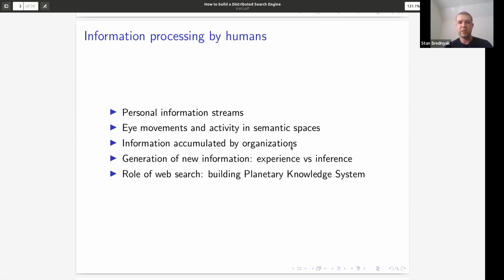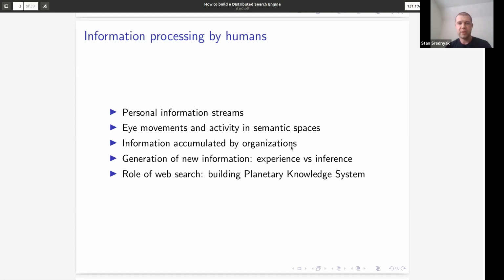Mostly these data streams are texts that the person reads. It could be books, it could be websites, newspapers, and there is a lot of information that is generated in the course of this information consumption.